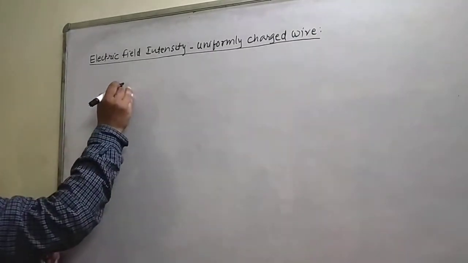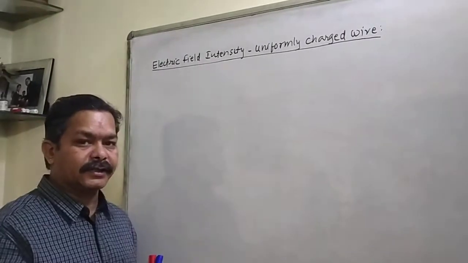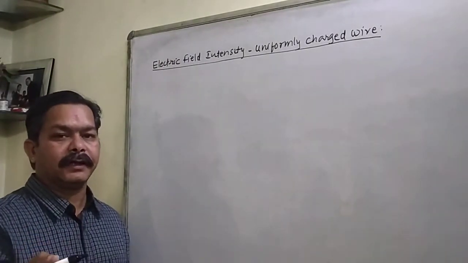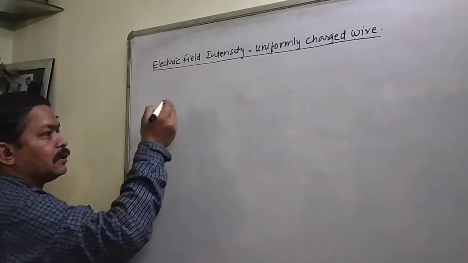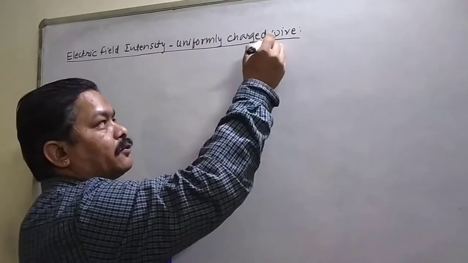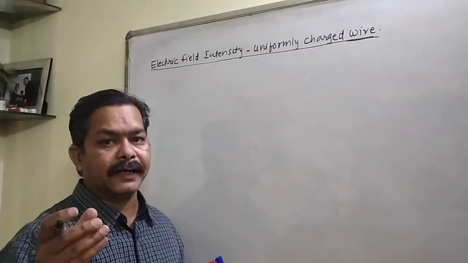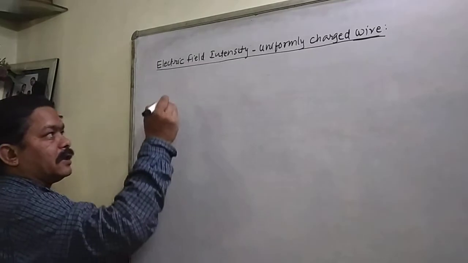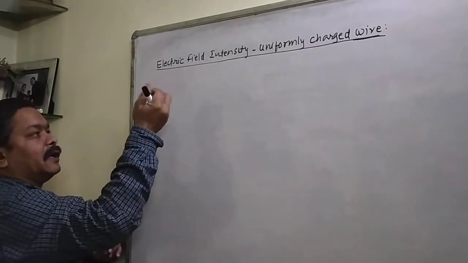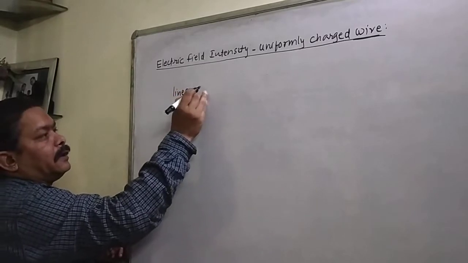So you know what charge density is. Charge density is of three types: linear charge density, surface charge density, and volume charge density. Here, because the charge is given on a wire, which is a linear dimension, the charge density will be named the linear charge density.